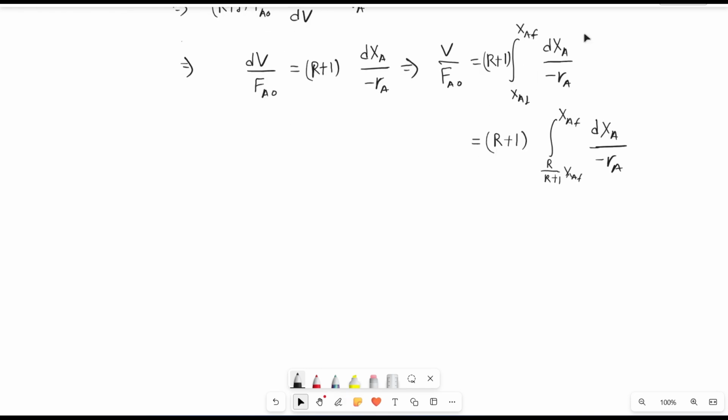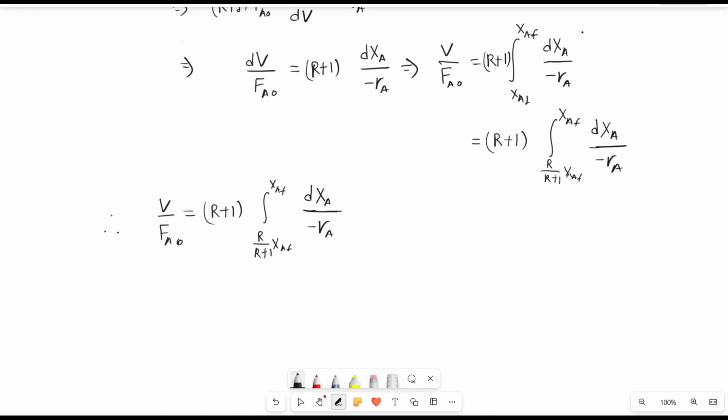So we get the volume expression for a recycle reactor: V by FA naught equals (R plus 1) integral from R by R plus 1 XAF to XAF of dXA by minus RA. This is the volume expression for a recycle reactor.